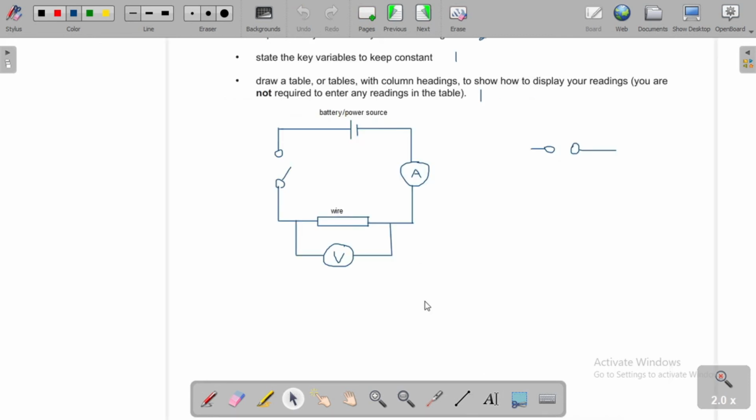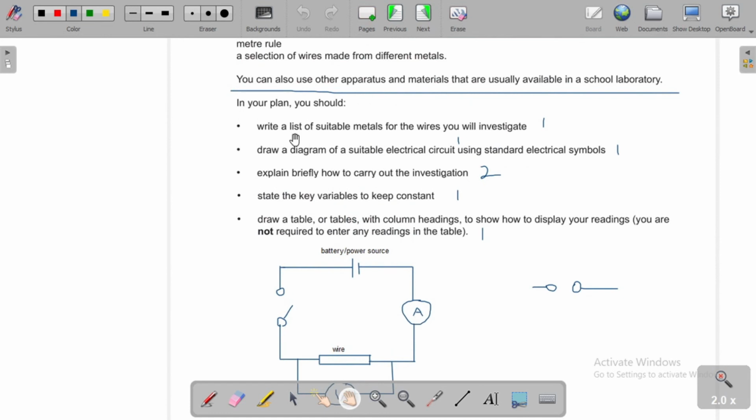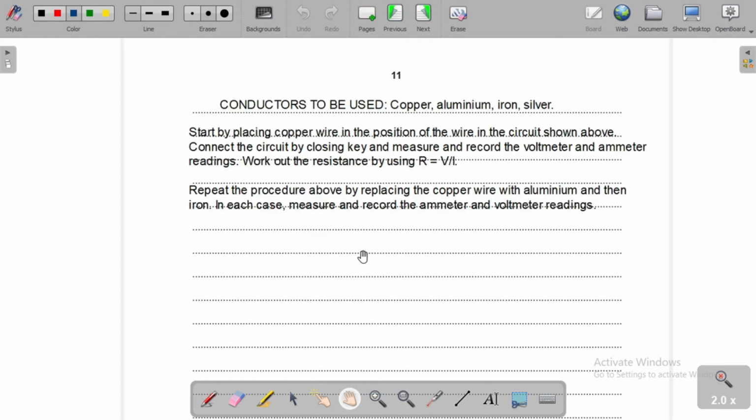We've written the list of metals, we've drawn a suitable scale, and we've included the symbols. We've explained briefly how to carry out the investigation. Then the key variables that need to be kept constant. Now, look here, we are talking about resistance.